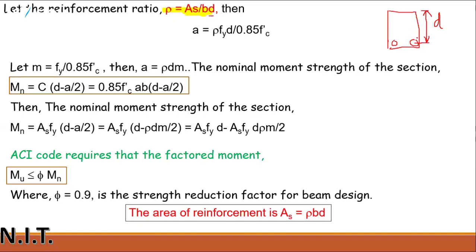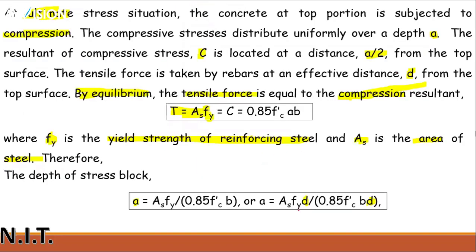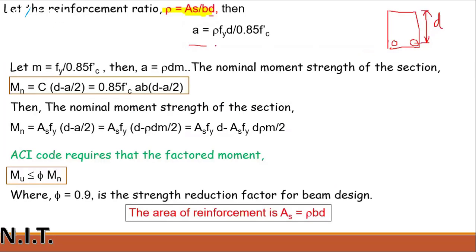This is also called the effective depth. So because rho is equal to As over b d, this equation will take this form.